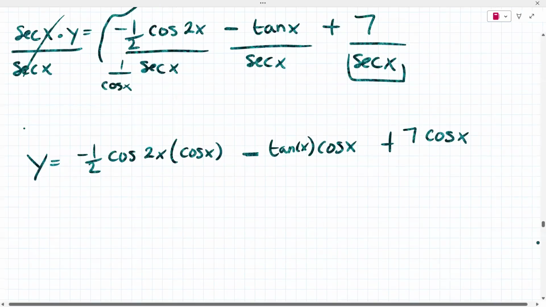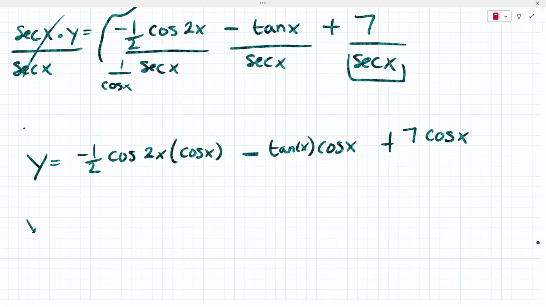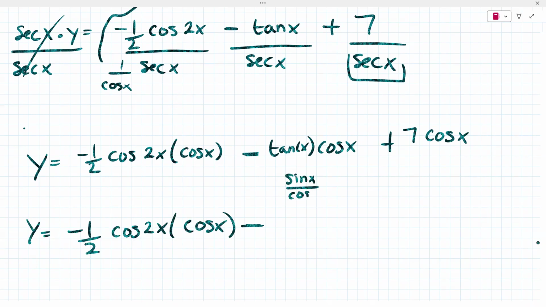And I think this is it. This is our final answer. Or wait, we can do something, right? What can we do? So did you know that tan of x is the same thing as sine of x over cosine of x? And then you have this cosine of x. This cancels, so you're just left with sine of x.